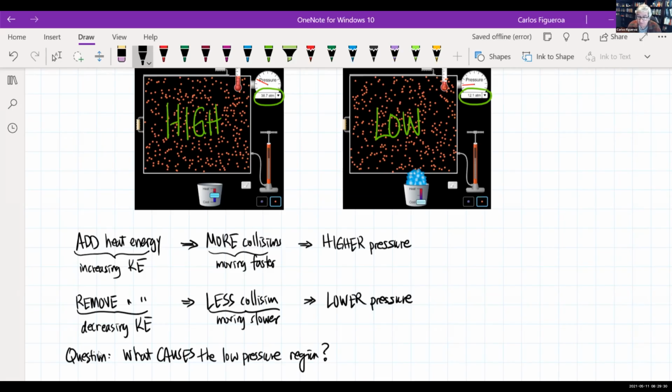The only way you can do this is that you have to remove heat energy. And if you remove heat energy, it simultaneously reduces temperature. So somehow you have to reduce temperature.